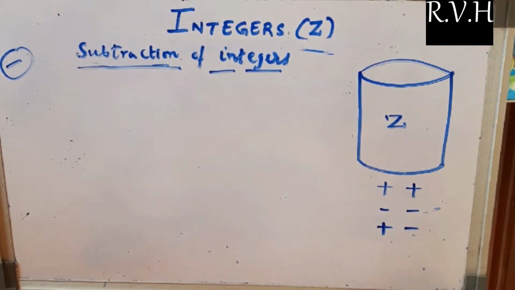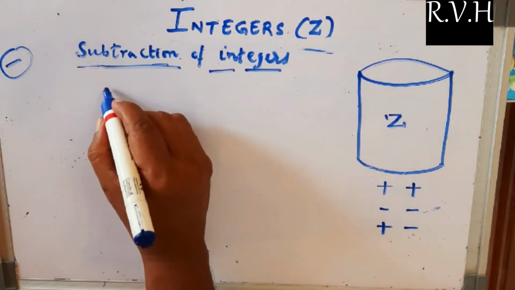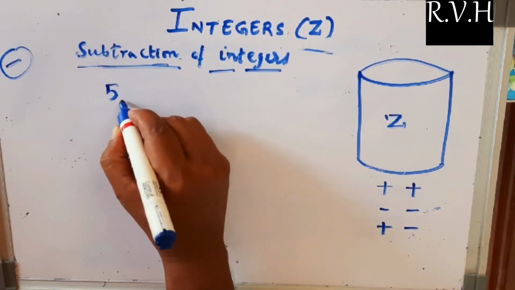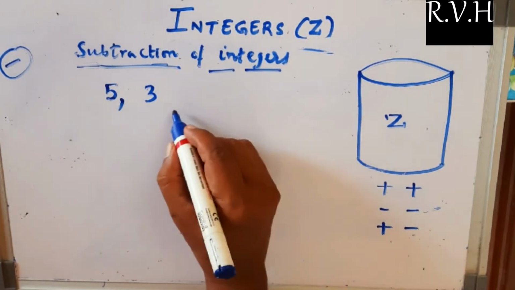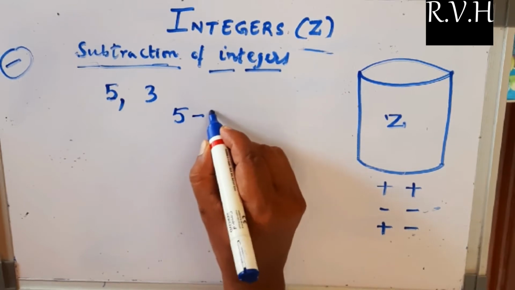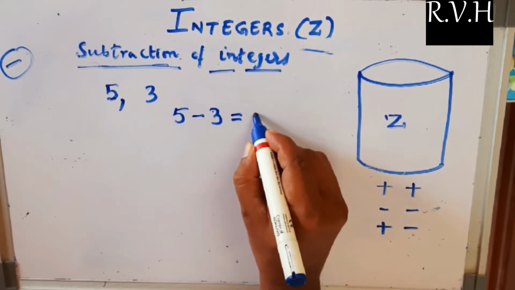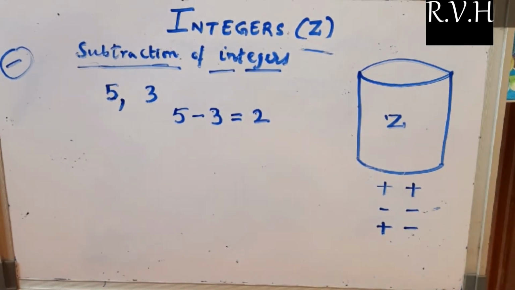Yes, we did it in the addition of integers. Suppose as in the first case we obtain 5 and 3. We subtract 3 from 5, that is 5 minus 3. What is 5 minus 3? Simple, 5 minus 3 is equal to 2. We have been doing these things since our childhood, right?